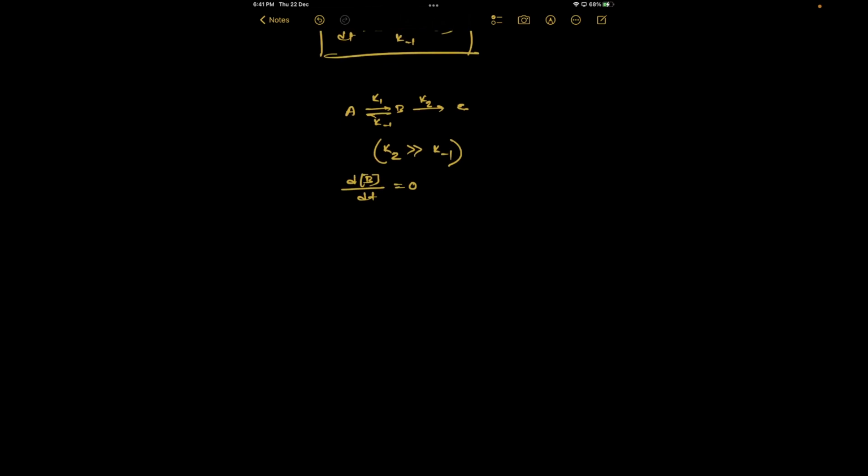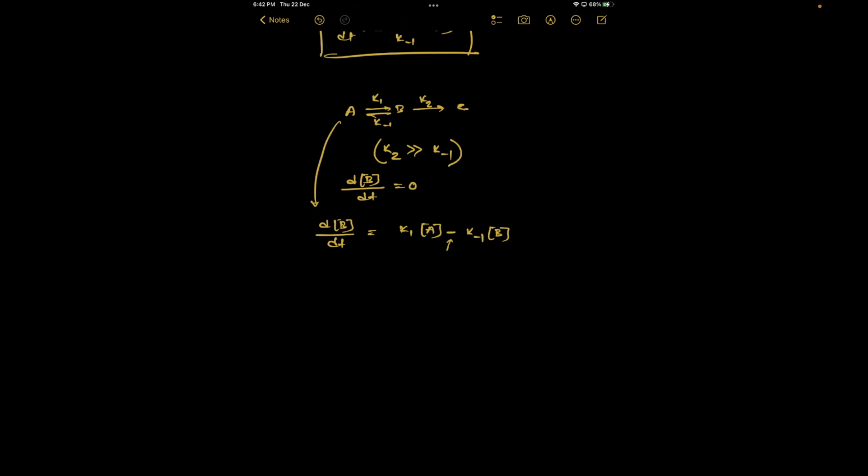So dB/dt for this reaction scheme will be K1 times A. So from A molecules with rate constant K1, B molecules are forming, so K1 times A. Then with rate constant K minus 1, it is also disappearing, so that means minus K minus 1 times concentration of B. This minus sign means the concentration of B is disappearing.